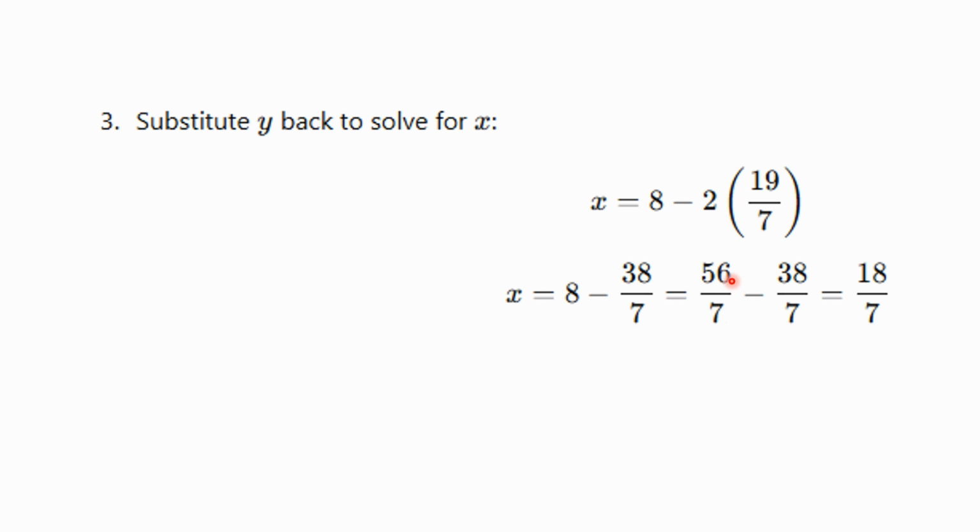So all we have to do is subtract 38 from 56, which gives us 18, and the denominator remains 7. So 56 sevenths minus 38 sevenths equals 18 sevenths, which gives us x equals 18 sevenths.